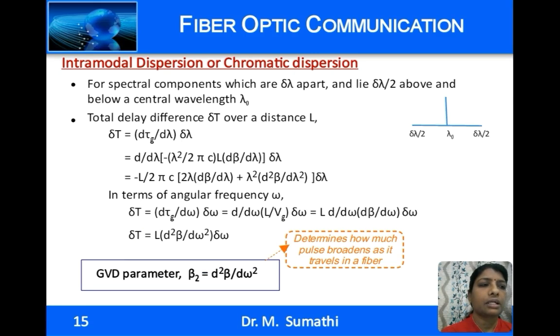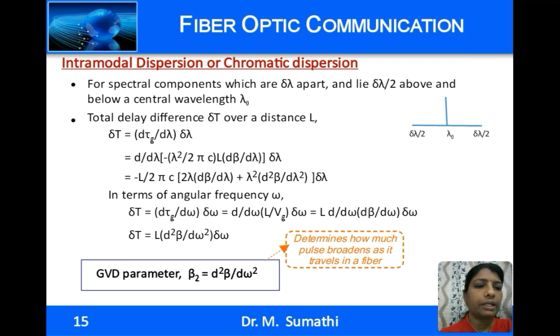Now considering a source that emits light at lambda naught with spectral components that are delta lambda apart, the total delay difference delta tau over a distance L because of the spectral width is given by delta tau is equal to the group delay per unit wavelength into the total spectral width.